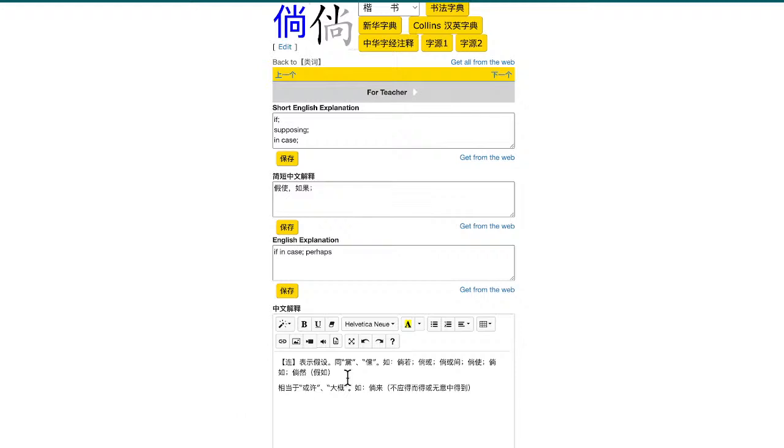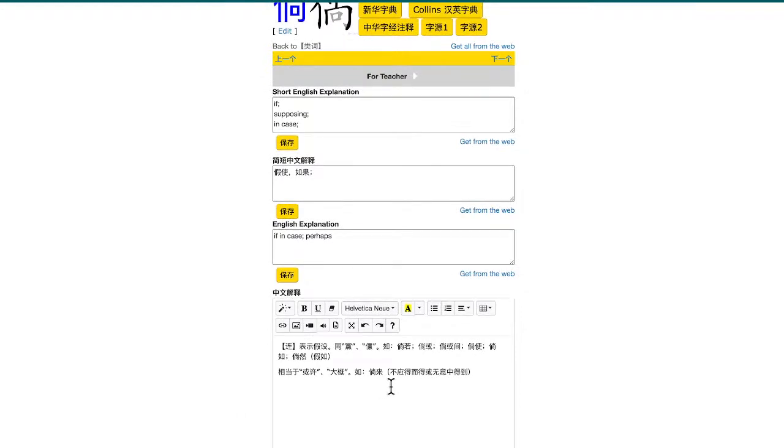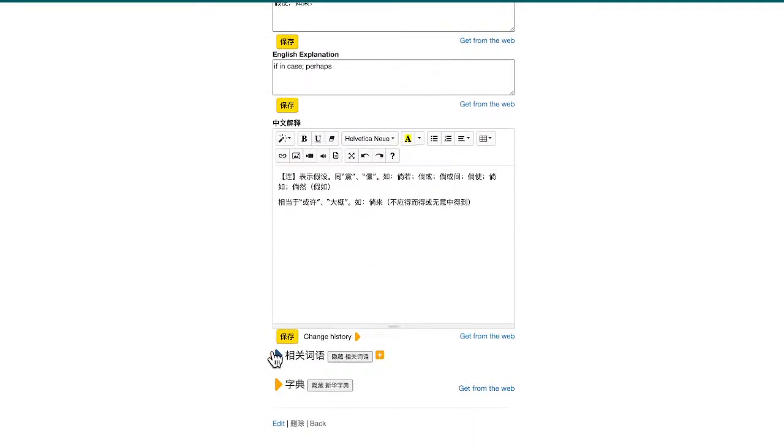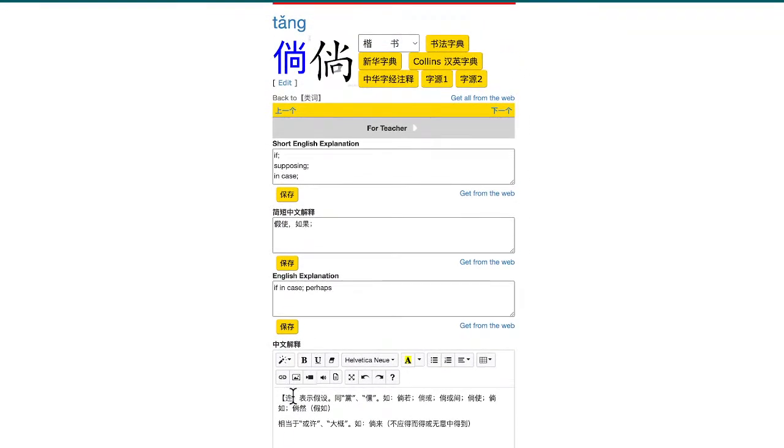That can be 倘若, 倘或, 倘使. These all mean if. 倘若, 倘使, 倘或, so basically means if.